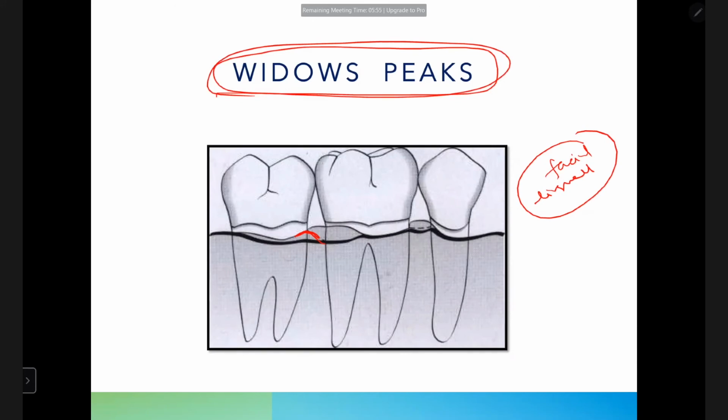Otherwise, my gingiva will fall onto that bony discrepancy, onto that peak of bone. Then during healing, the soft tissue that we are suturing will bridge the embrasure from the most coronal height of the bone. So my soft tissue will not adapt properly. That is why you should remove all the bony discrepancies that are present.